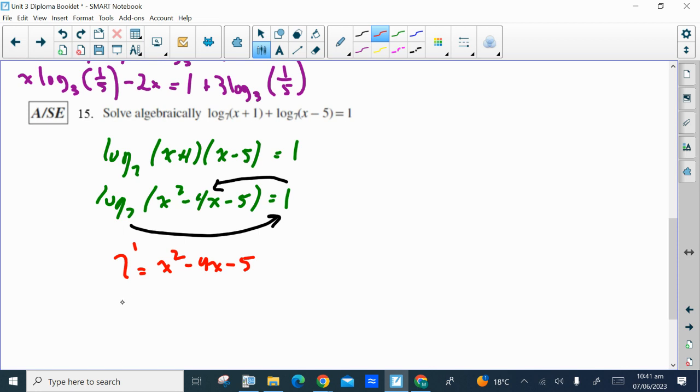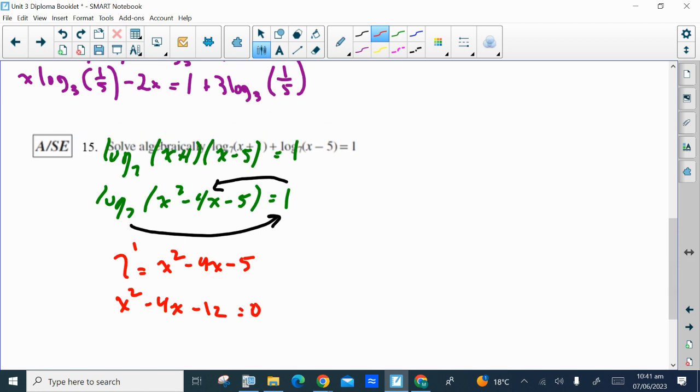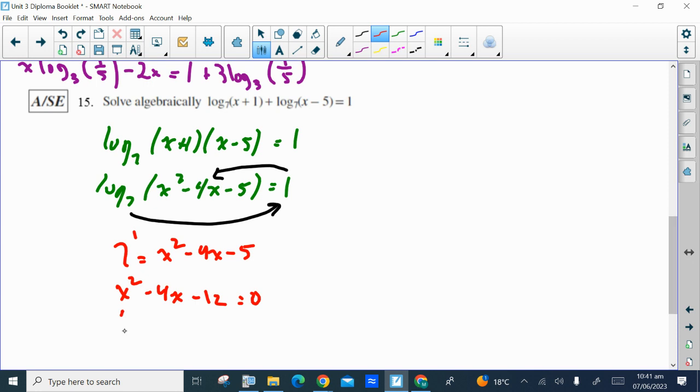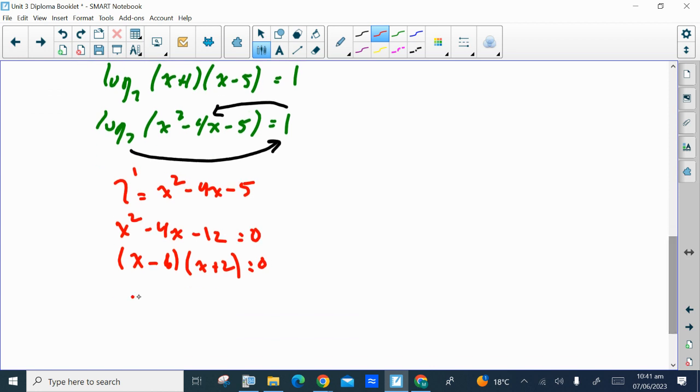But we first need to make it equal to 0, which will give you minus 12. And the factors of that quadratic would be x minus 6, x plus 2, which gives us two answers for x, 6 and negative 2.